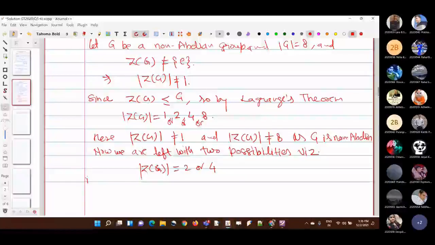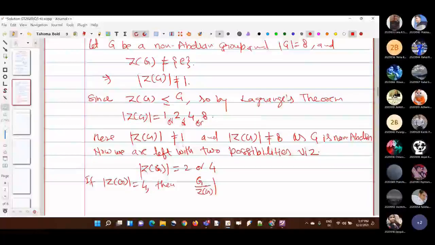So let us assume, for instance, that the order of the center equals 4. Since the center is always a normal subgroup of the group, we can talk about the quotient group G by Z(G).